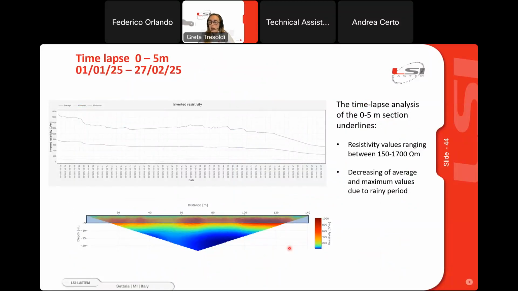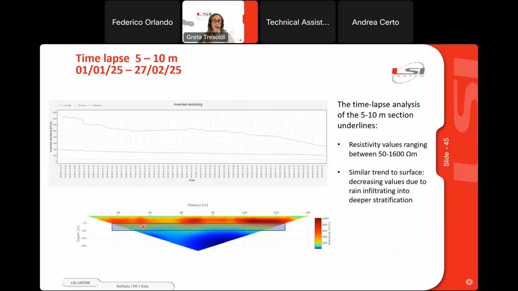Thanks to the platform, we can perform this kind of time-lapse analysis and obtain this graph. We selected the shallow part, and we could retrieve average, maximum, and minimum values of resistivity over time. From the start of the year, we could assess the decrease of resistivity thanks to the rain, and also in the medium part, so rainfall is infiltrating also into the partially saturated part.